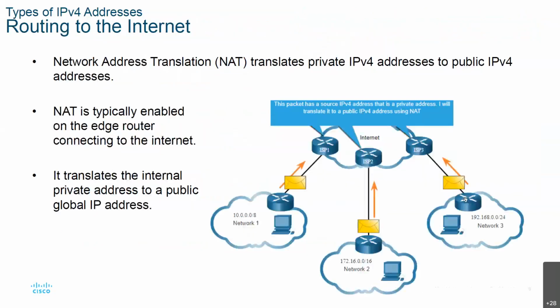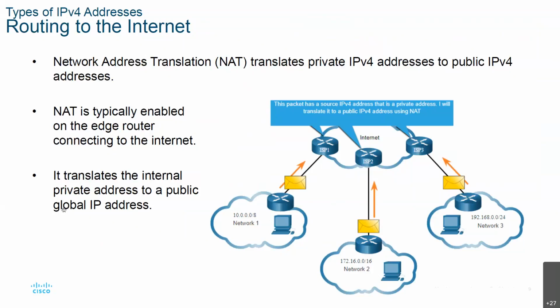Now a temporary solution, I think we have studied this before, but let's try again. A temporary solution before we had IPv6 was NAT, network address translation, whereby we take the private address and convert it into a global public address on our routers, to be exact, on our edge routers.